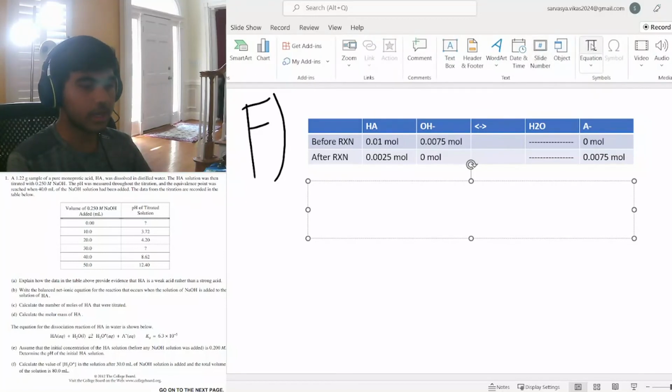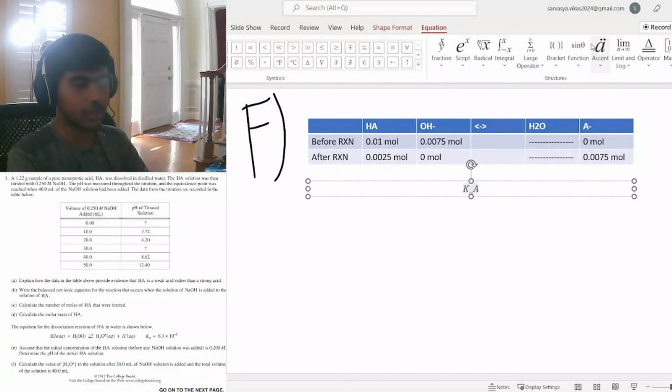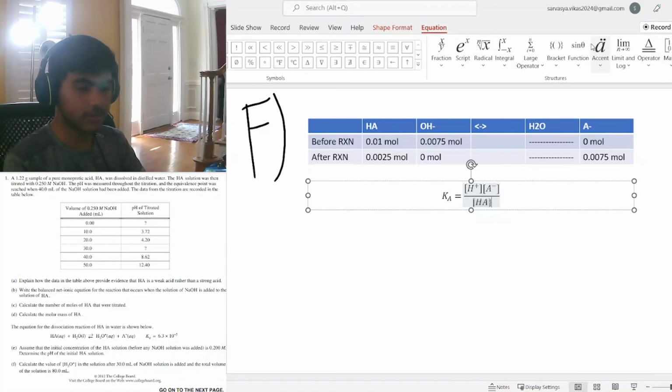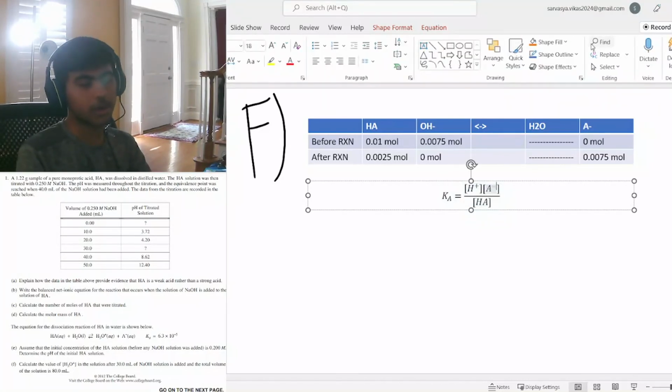Ka equals the H plus times the A minus over the HA. And why are we using this right now? We're not even using the equation that corresponds with this.